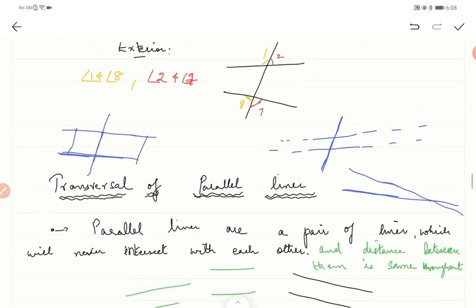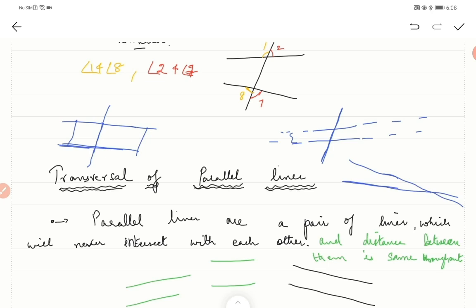All right, and also remember, for parallel lines the distance between them is always the same at any point. If I take the distance between those two parallel lines at this particular point, it is the same as at this point. So why will two parallel lines not meet each other? Because they have equal distance between them at all points.